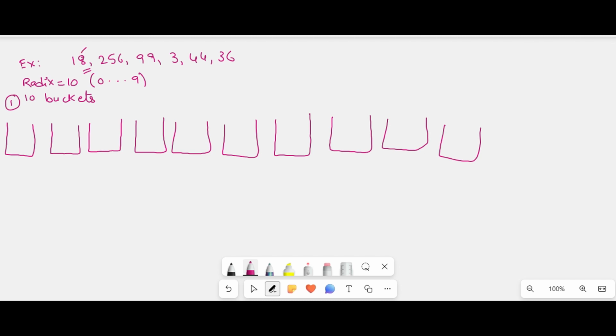Based on the one's place digit, we will insert that number into the bucket. So 18 goes into the 8th bucket. Next number 256, whose one's place digit is 6, so 256 goes into the 6th bucket. 99 goes into the ninth bucket.